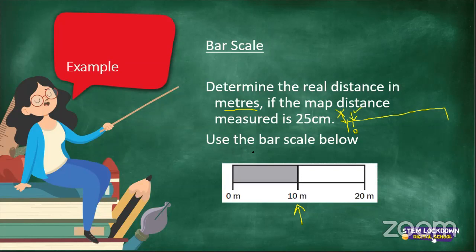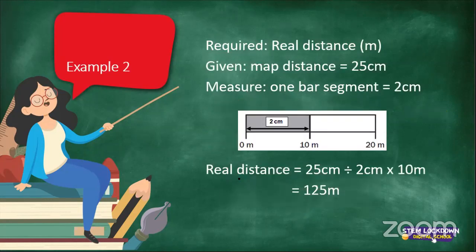So basically, in this case, you measured this distance, and I've measured it for you. Obviously, our screens are not the same. So this is 2 centimeters long. One segment of the bar is 2 centimeters long, and the map distance, which you've measured using a ruler, on the map is 25 centimeters.